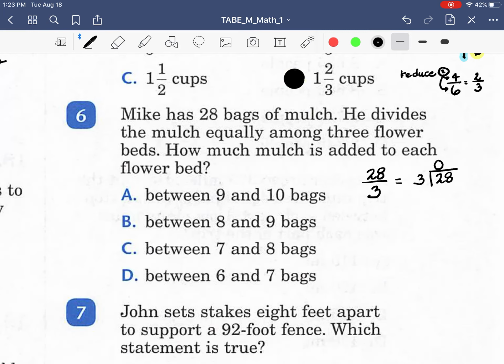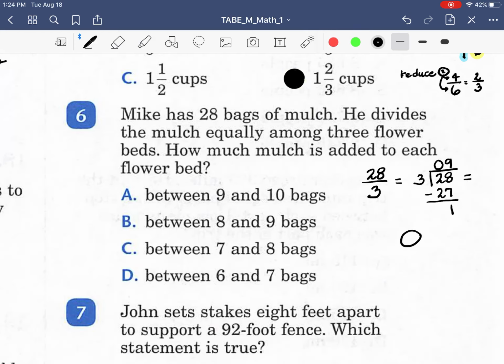And 3 can't go into 2. So we need to go to 28 without going over. 3, 6, 9, 12, 15, 18, 21, 24, 27, and 9 is as high as I can go. So that gets me within 1 of that target.